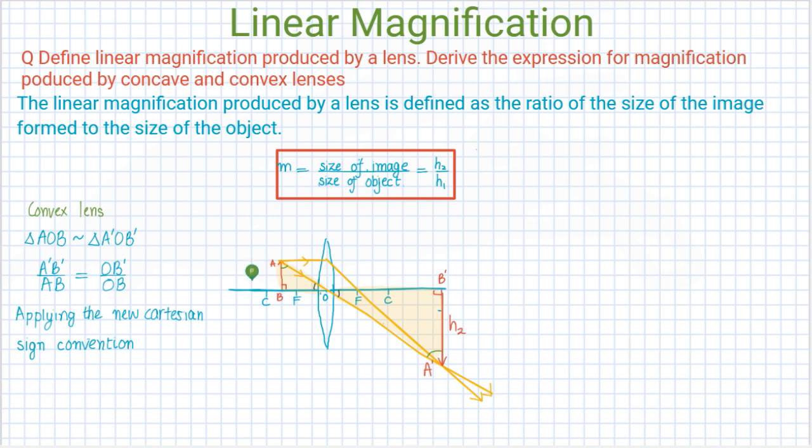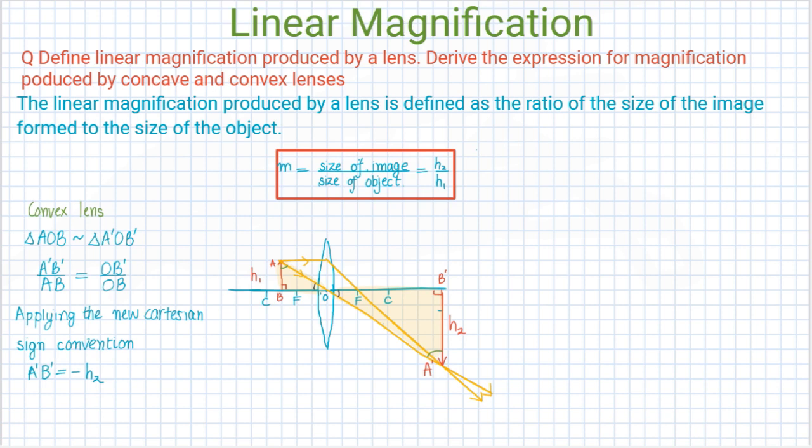According to this sign convention, your image height A dash B dash should be negative H2, since we are measuring it in the downward direction perpendicular to the principal axis.